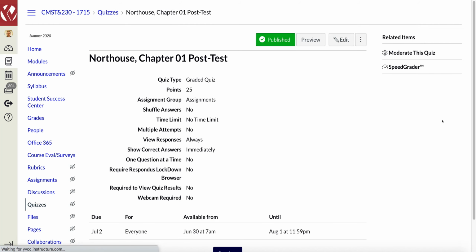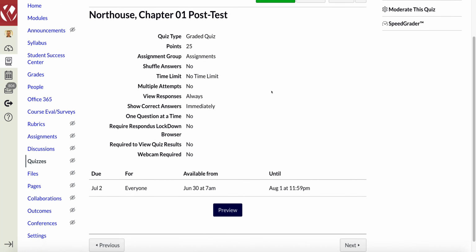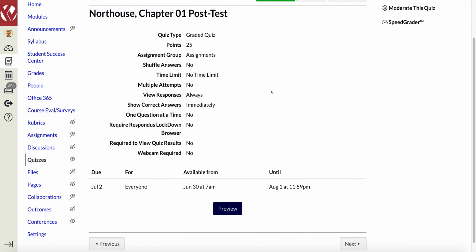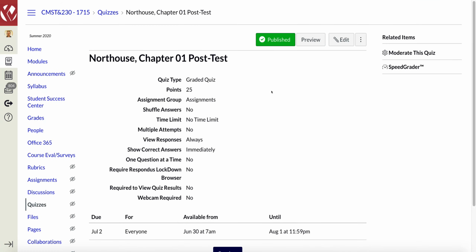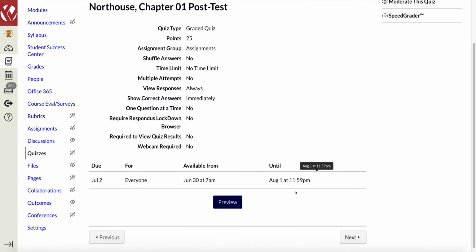And like I said, I'm just kind of clicking you through the module. You can see that this is your quiz. It's worth 25 points. And you can see that I need to adjust that, so that can happen sometimes at the start of a term.